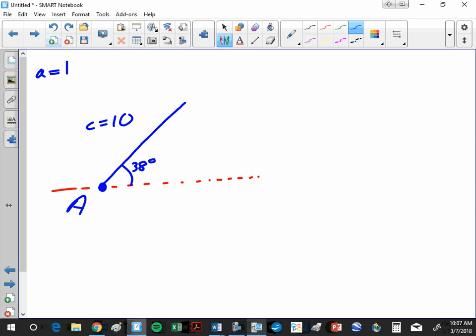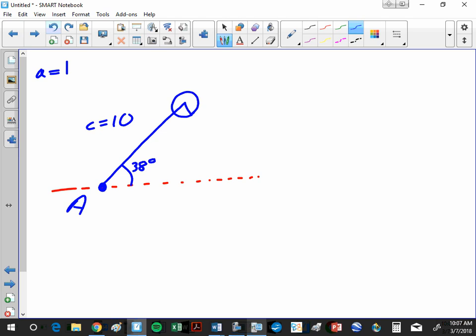If little a is 1, there's no triangle. Now, this angle right here is not decided, which means this side can swivel. It can swivel anywhere around that circle. But no matter how you build it, it's not long enough to make a triangle.